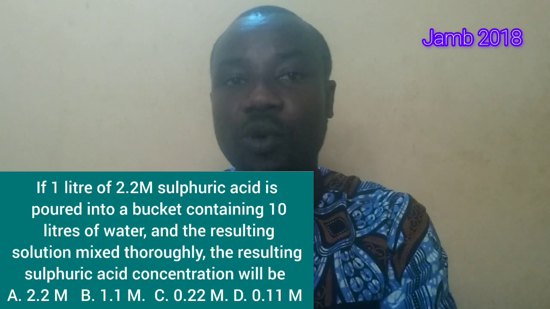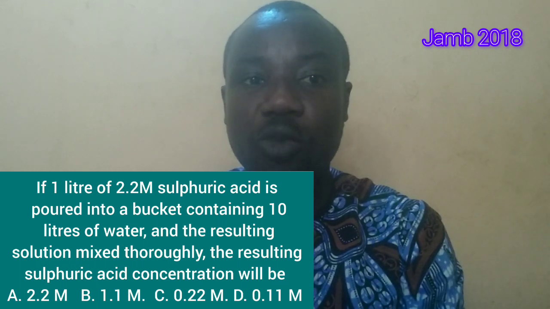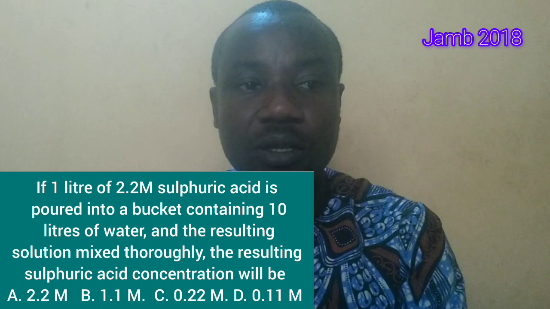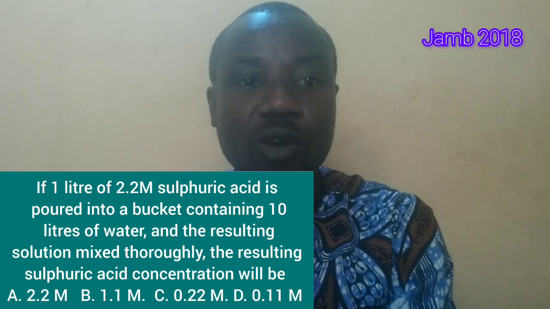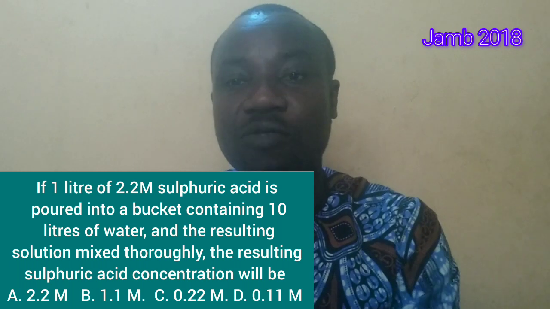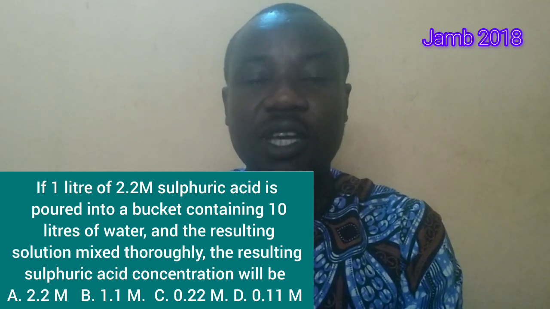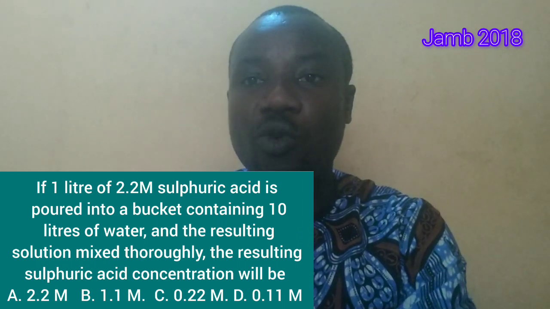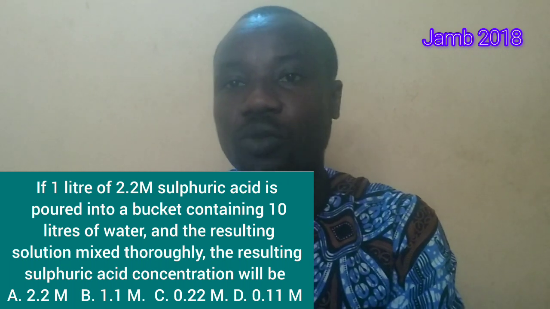Let's look at number 2. If 1 liter of 2.2 mole sulfuric acid is poured into a bucket containing 10 liters of water and the resulting solution mixed thoroughly, the resulting sulfuric acid concentration will be. So what they're demanding from us now is for us to calculate the concentration of the resulting sulfuric acid. A 2.2 mole, B 1.1 mole, C 0.2 mole, and D 0.11 mole.